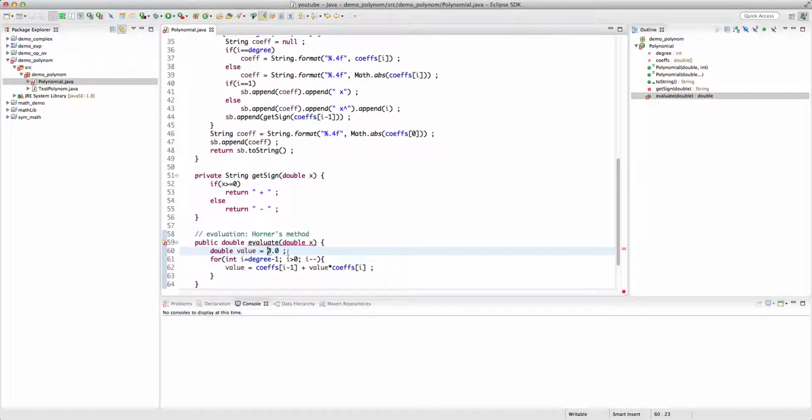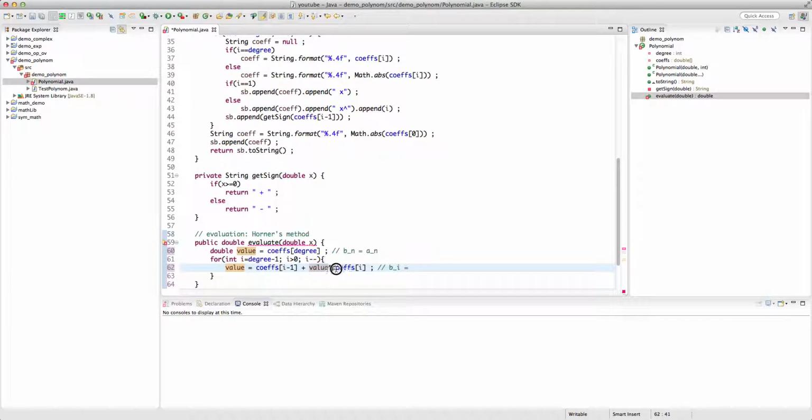So we start with the value coefs at degree. Okay, this is our an in the beginning, so bn equals an, and then in each step we say bi is basically the value of the sequence, right?